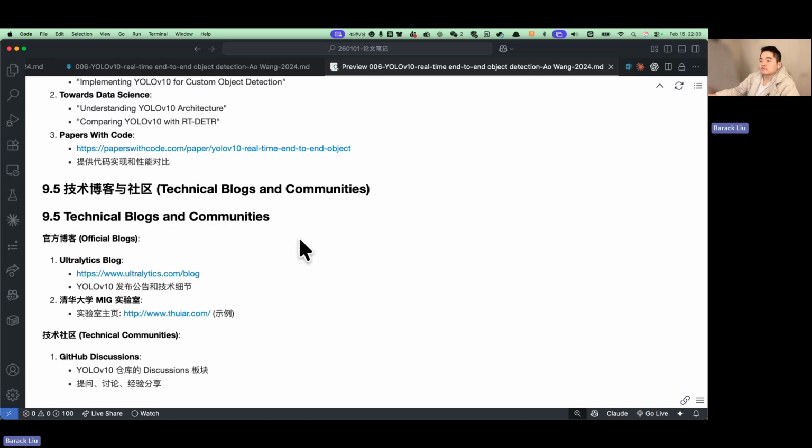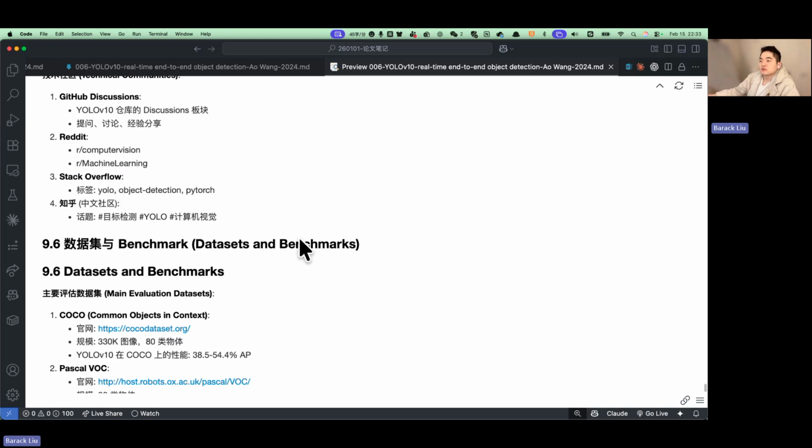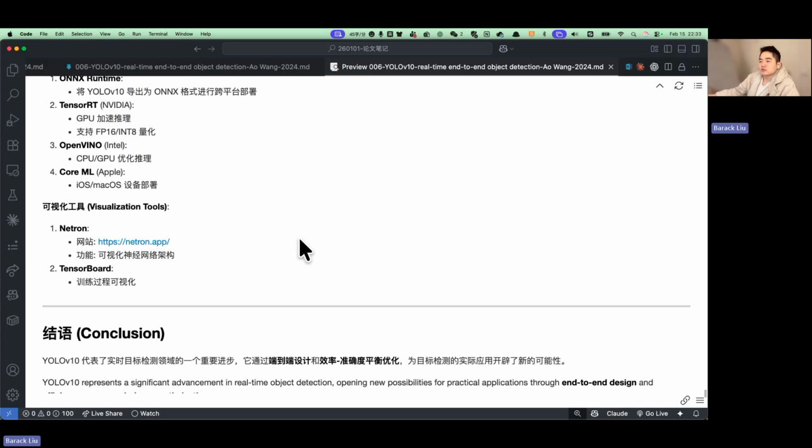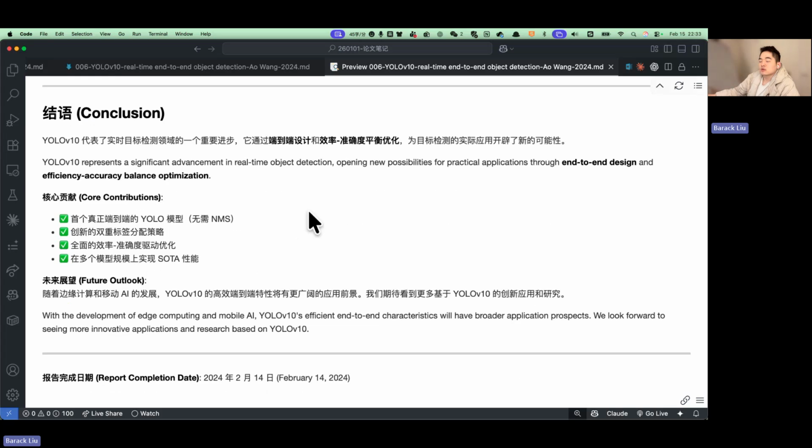Okay, here are some blogs, datasets, tools, conclusion. YOLOv10 represents a significant advancement in real-time object detection, opening new possibilities for practical application through end-to-end design and efficiency-accuracy balance optimization.